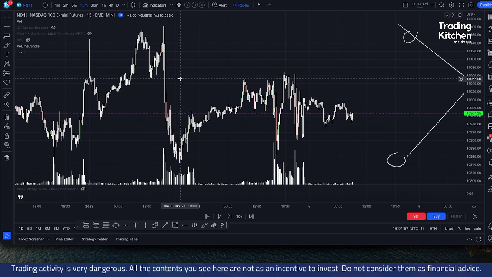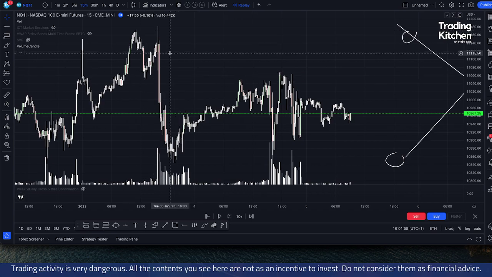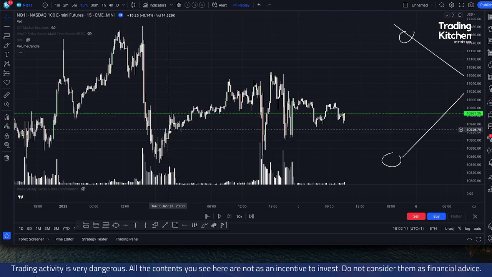Red obviously is for bearish volumes, green for bullish volumes. As you can see, price tends to react from the volume candles, like here or like here. This helps me to better identify the possible momentum movements.